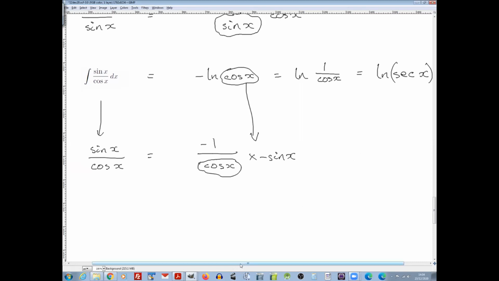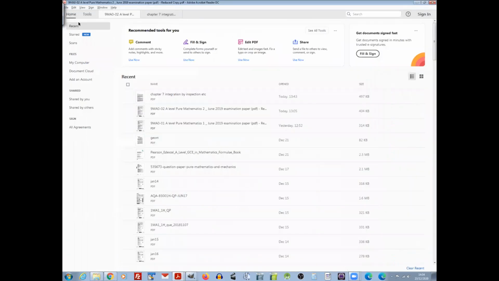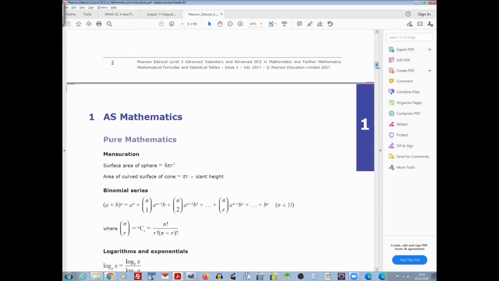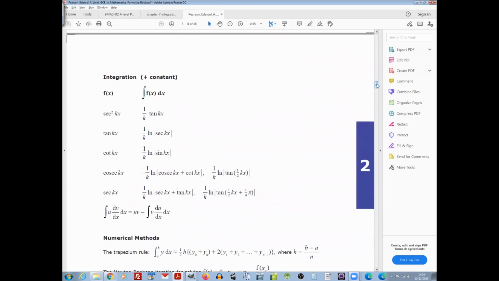So the integral of tan is log sec x, the standard one that you'll find in the formula book. Notice the k's in here in the formula book.